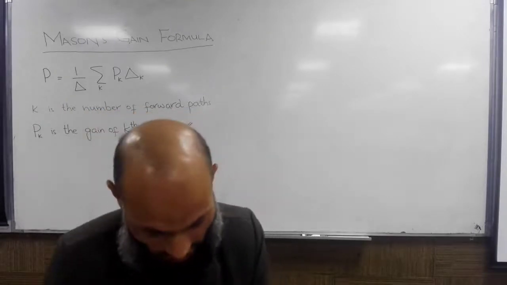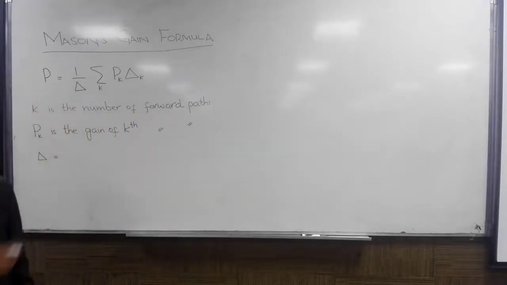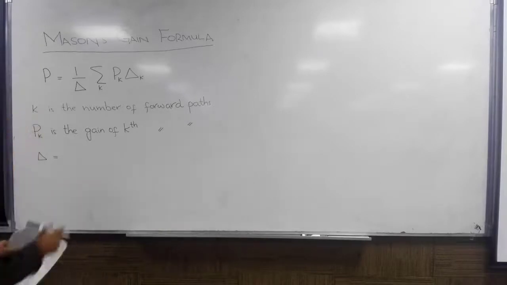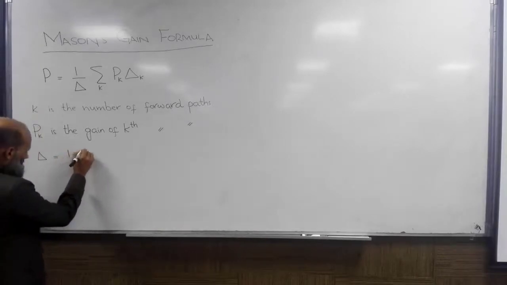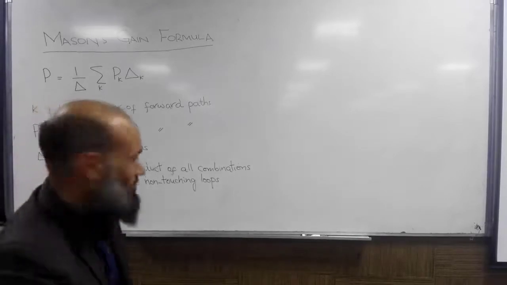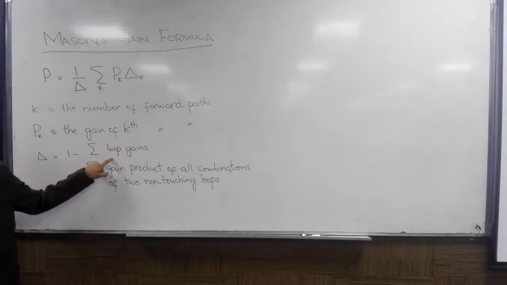And then delta is computed by this complex expression which I am writing right now. It is equal to 1 minus sum of loop gains.